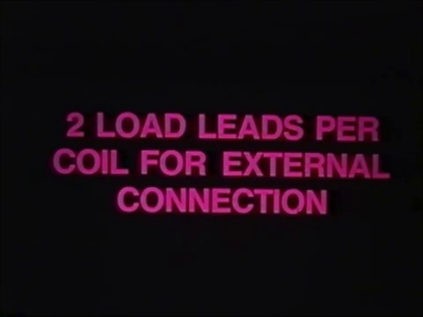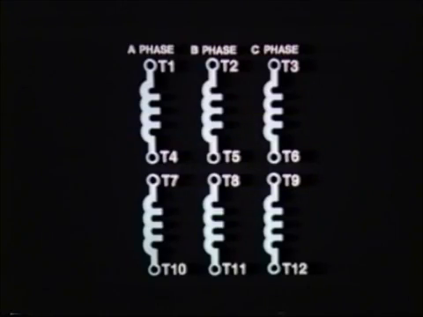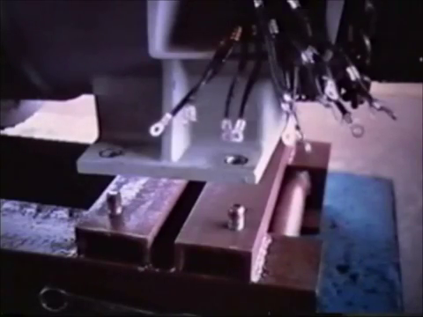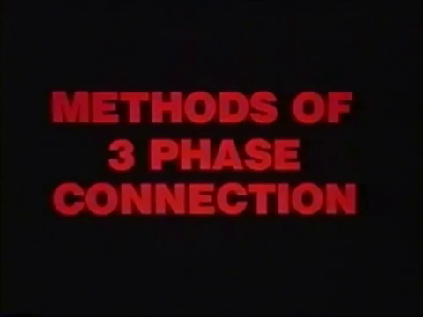Since they are independent of each other and have 2 load leads per coil group available for external connection, 2 circuit armatures have a total of 12 load leads. They may be brought out and connected externally. Keeping the number of possible external connections in mind, let's discuss the method of three-phase connection.